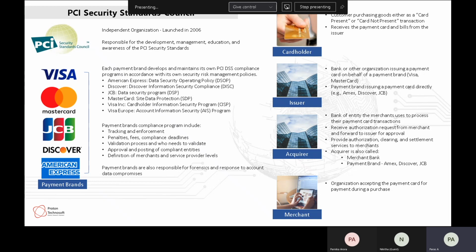Then we have the acquirer. Acquirers, like I said, are the banks with which merchants have an account. So if I am a merchant, let's say Amazon, and I have a bank account with somebody, that somebody is the acquirer. And these acquirers can be a bank, or a third party nominated by the banks as well. So I'll give you an example.